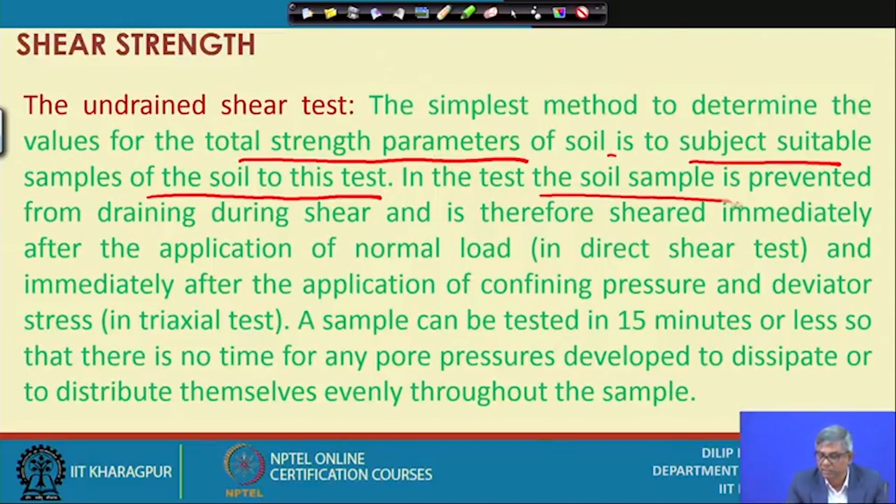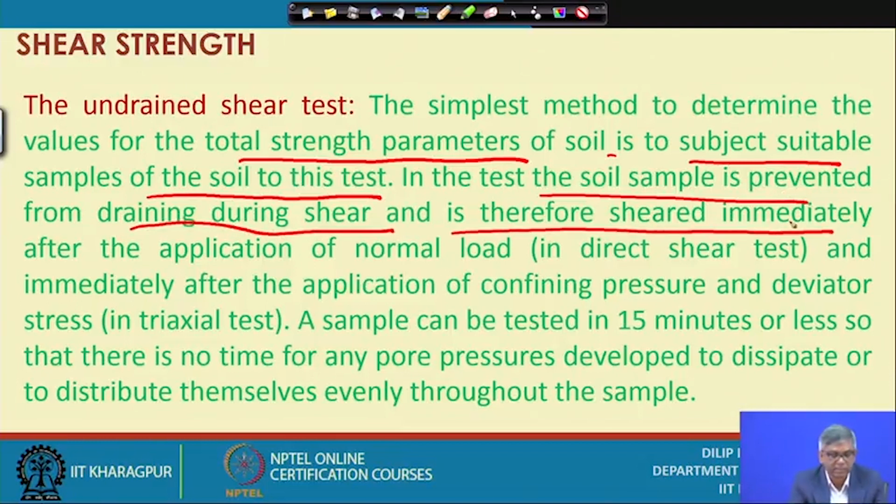In the test, the soil sample is prevented from draining during shear and is therefore sheared immediately after the application of the normal load. In the direct shear test, you apply normal load and then shear it immediately. And in the triaxial test, after confining pressure and additional axial load, it also fails immediately.